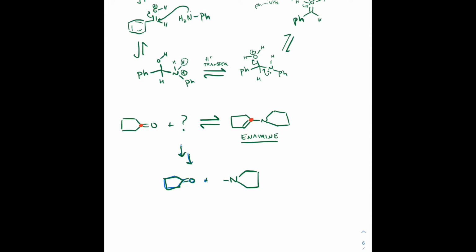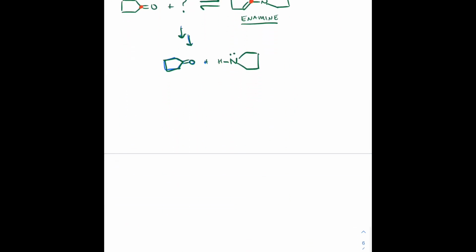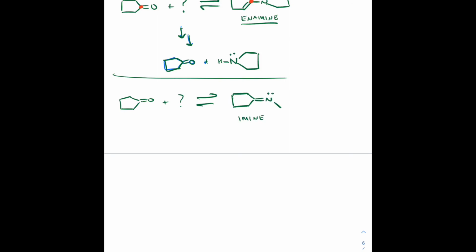So if we were going to cleave that carbon-nitrogen single bond between the red carbon and the nitrogen, that is going to be the site that we will create a carbon double bonded to oxygen, as well as just add a proton to that nitrogen. And so it would be a couple steps, obviously, but we have our cyclopentanone as well as our cyclic amine. So let's try another one.